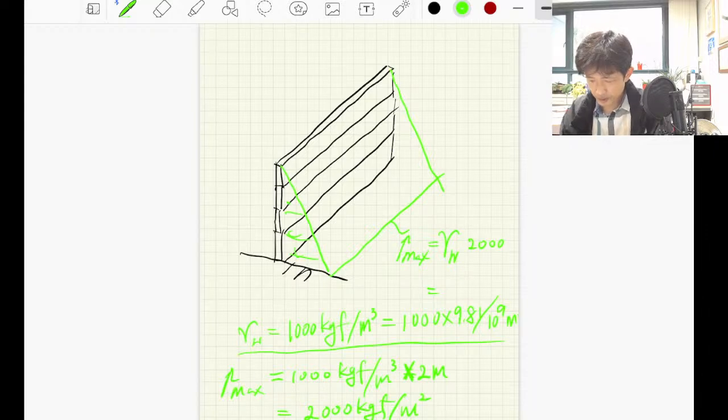Okay, so let's change it to the megapascal unit.